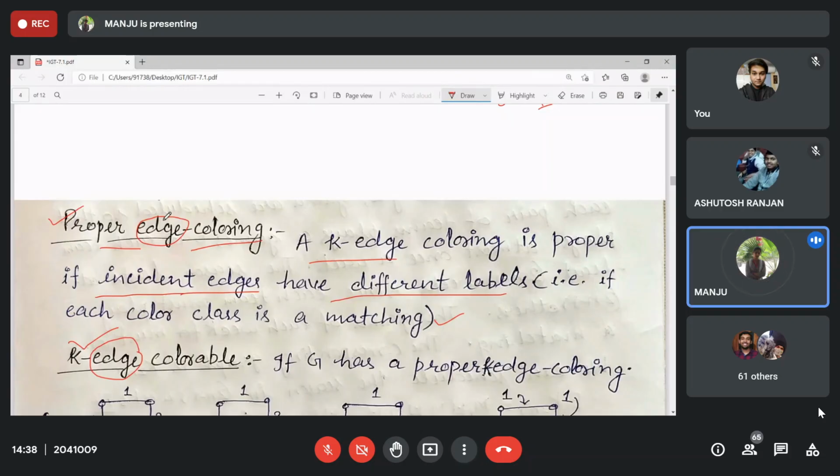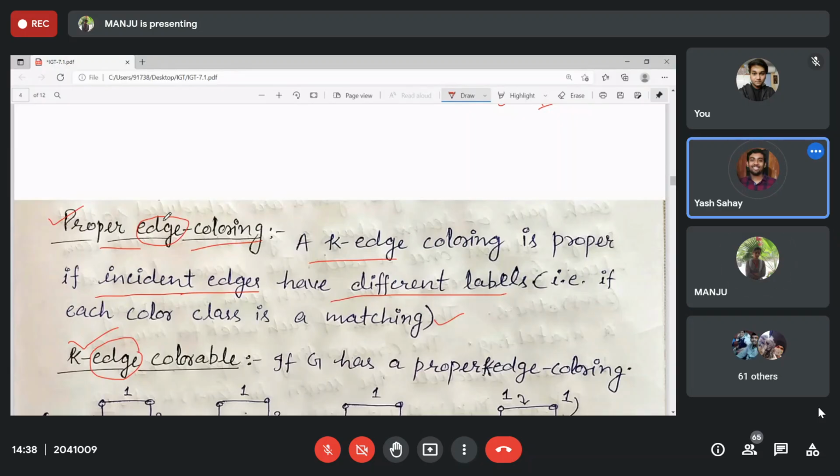Simple proper coloring corresponds to vertices, and proper K edge coloring corresponds to edges. Any doubt?